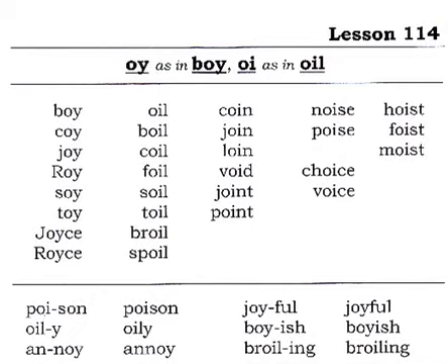So you have O-I, coil, C-O-I-L, toil, T-O-I-L, broil, B-R-O-I-L. But in the O-Y spelling family, you've got Roy, soy, toy, etc. So you have to learn the two ways in which this particular vowel sound is spelled, O-Y and O-I.